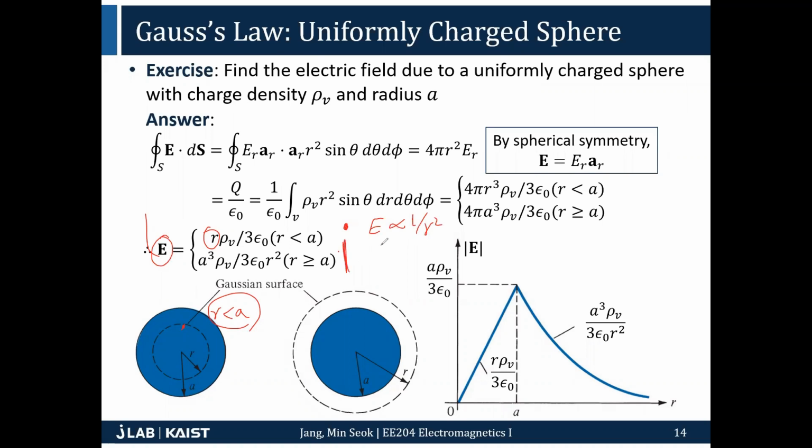If you have a line charge, E is proportional to 1 over R. If you have a surface, E is proportional to R to the 0, I mean, there's no dependence. Now you have a sphere, and you are inside the sphere, then E is proportional to R. If you look at the dimensionality, you can see the order.